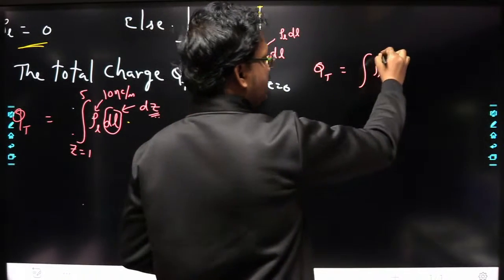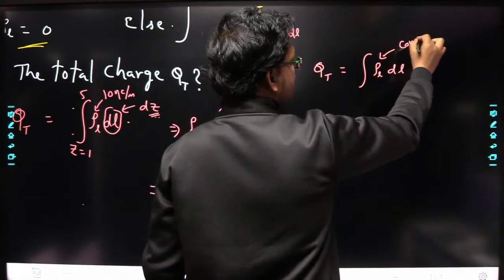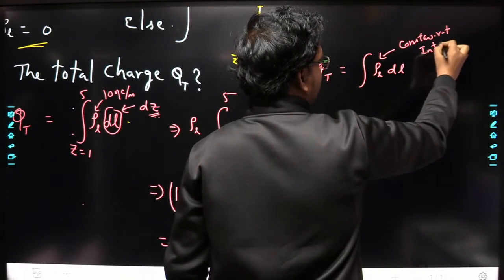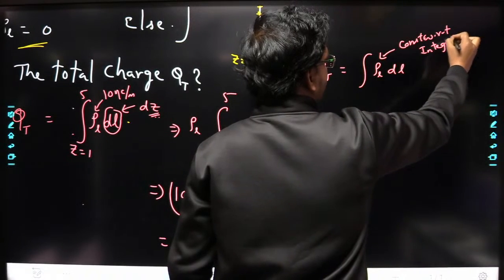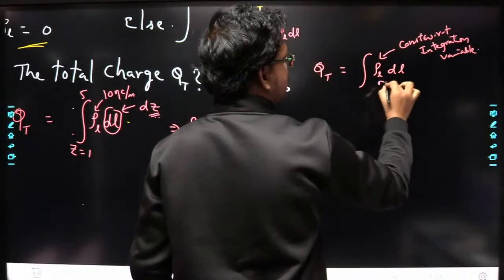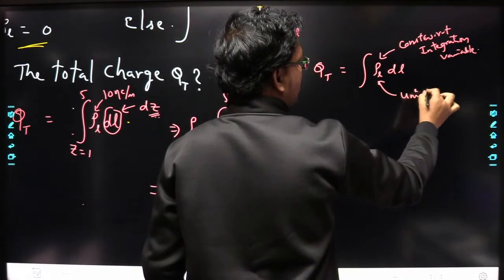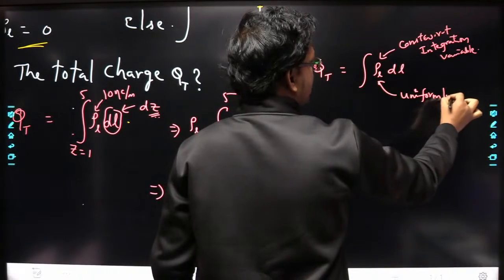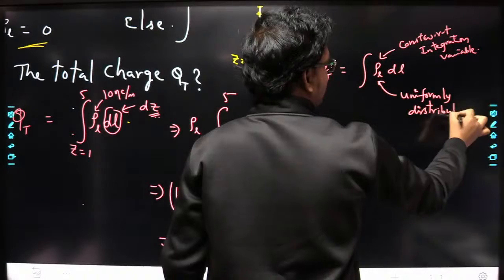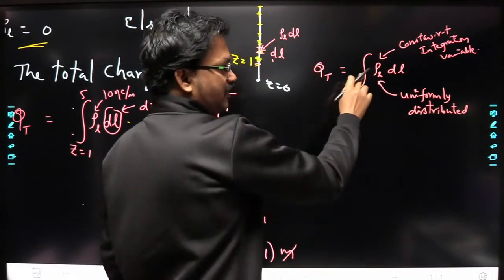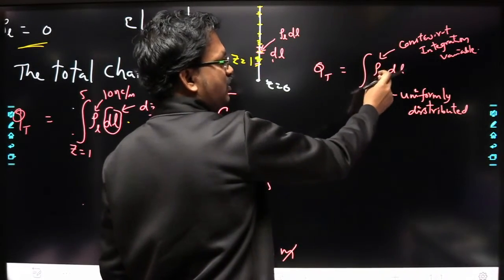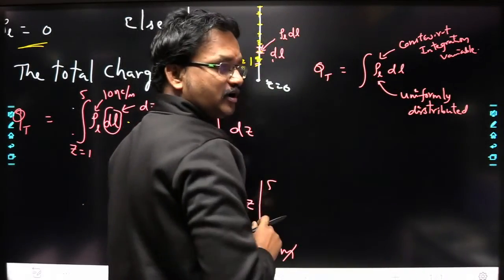So whenever rho l is constant with respect to the integration variable, which means we can say rho l is uniformly distributed, that means the distribution of charge is independent of length.